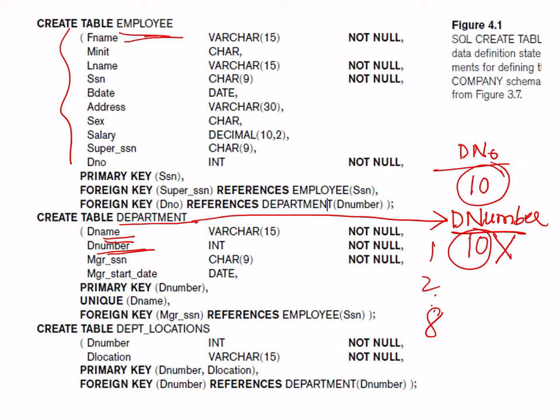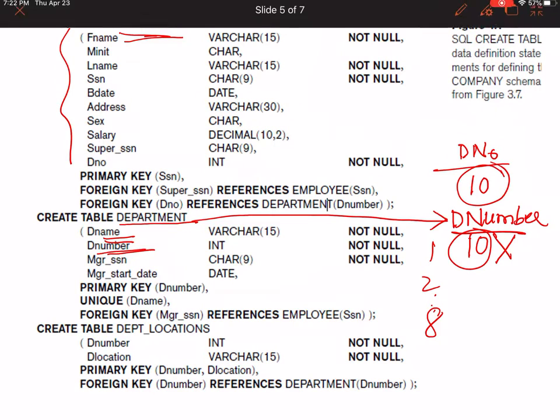So this is what is the entity integrity constraint. This is what maintains the integrity of the data, and this is the relationship that I may build between the two tables.